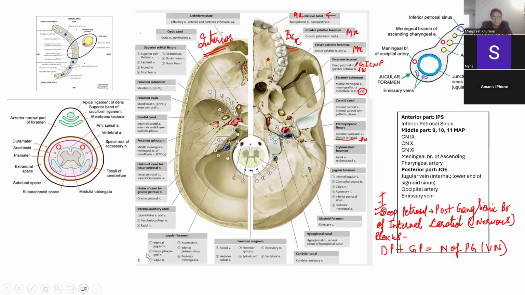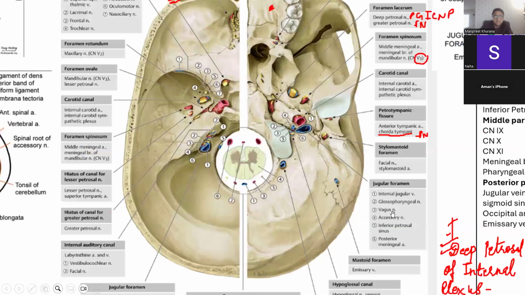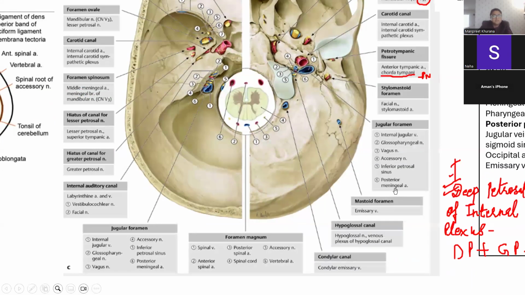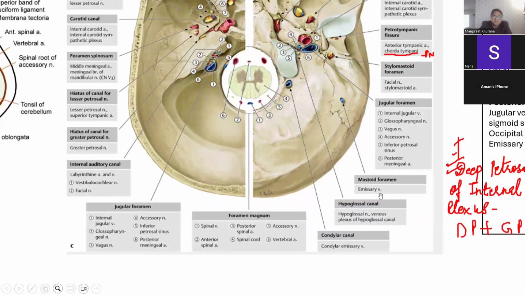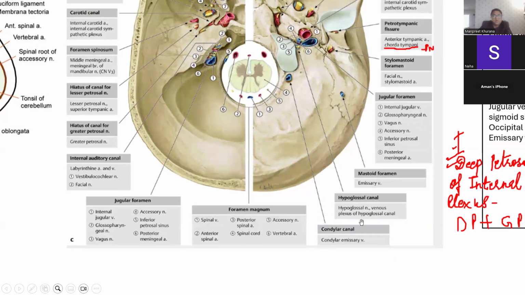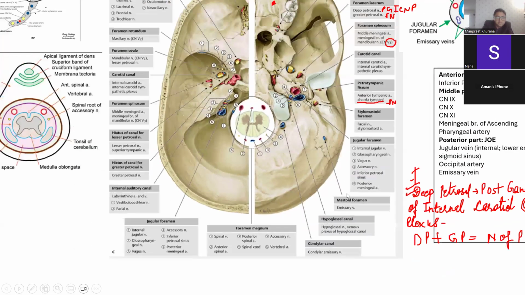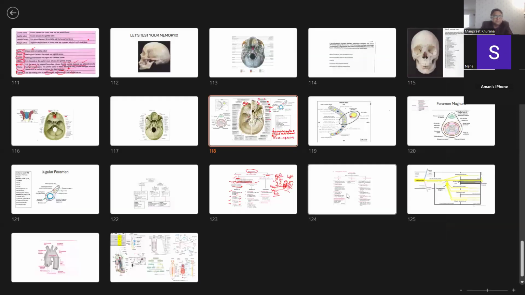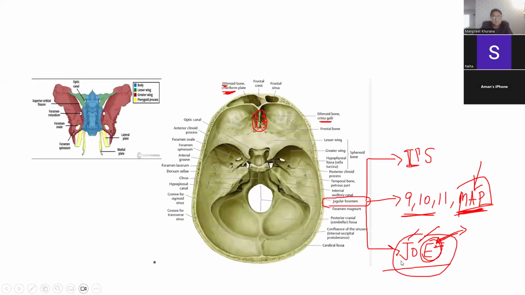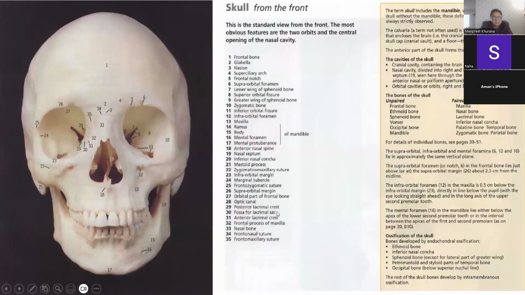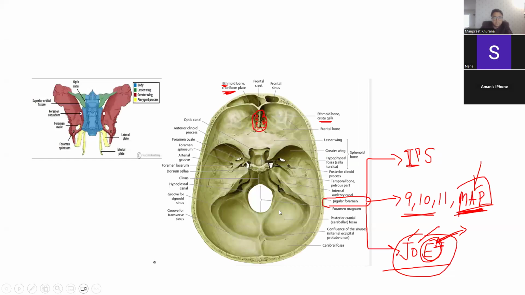Let's go ahead. Okay, so we have the mastoid foramen, again with an emissary vein. Then the hypoglossal canal. If you want to see the hypoglossal canal, let me show you. Let me zoom it.